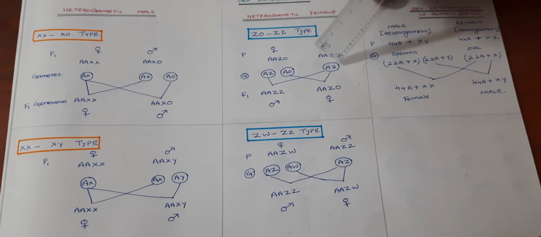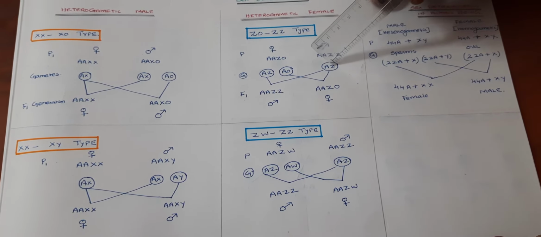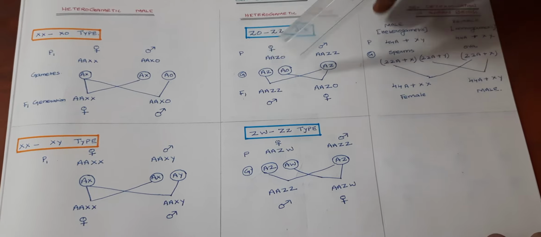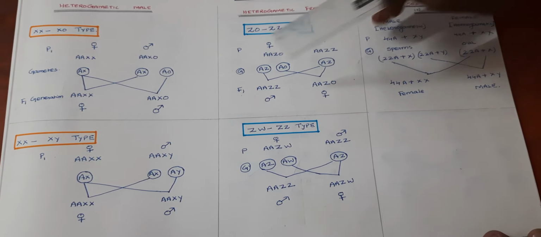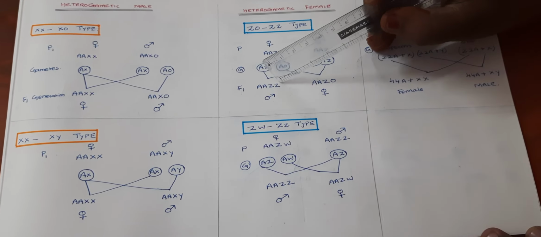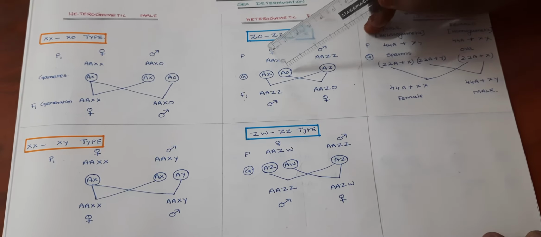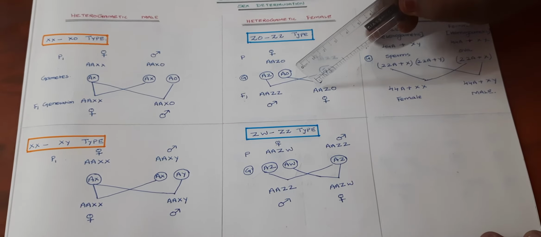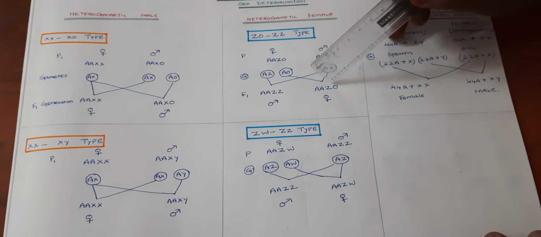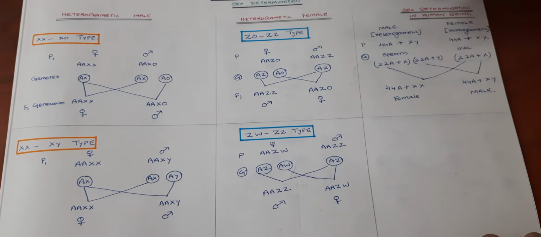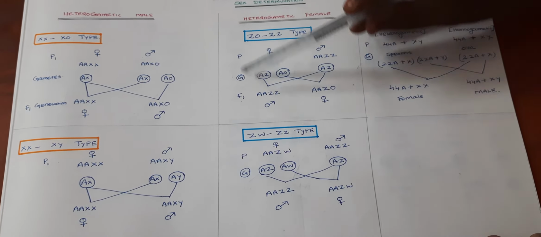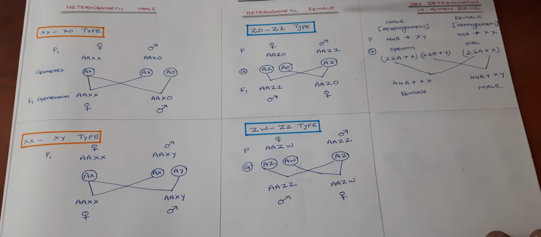And the male produces one type of gamete, AZ. AZ and AZ combine to form AAZZ male. AO and AZ combine to form AAZO female. This is one type of sex determination, heterogametic female.